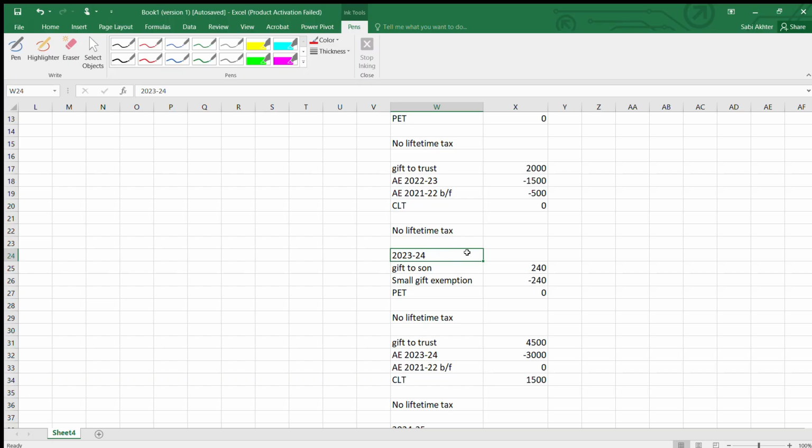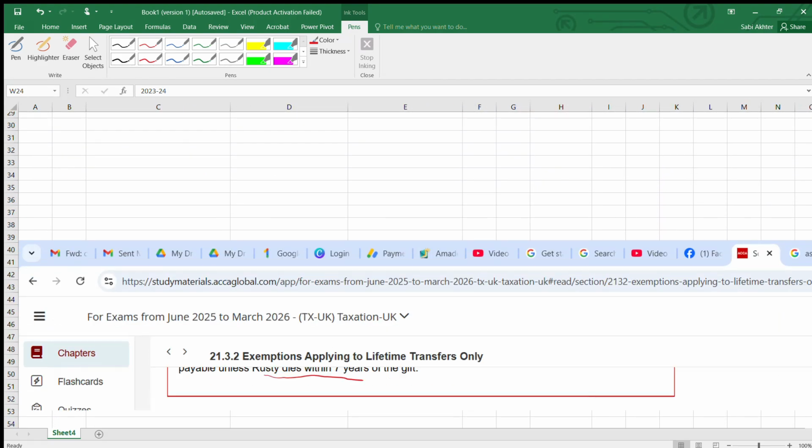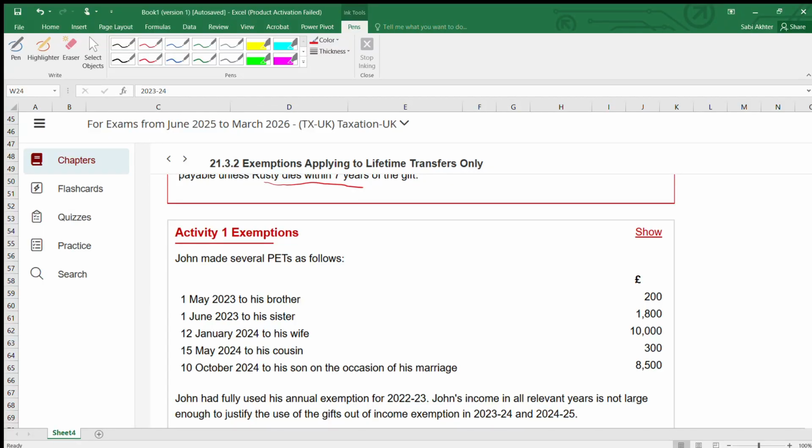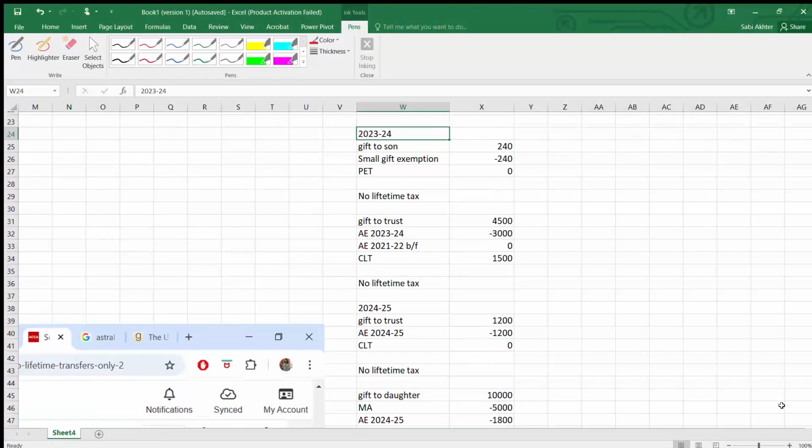Here we are having 1st May 2023, 1st June 2023, 12th Jan 2024. The first 3 gifts are in the tax year 23-24. And the next ones are 24-25. So now, if you see here, all are PETs. There is nothing that goes to trust.